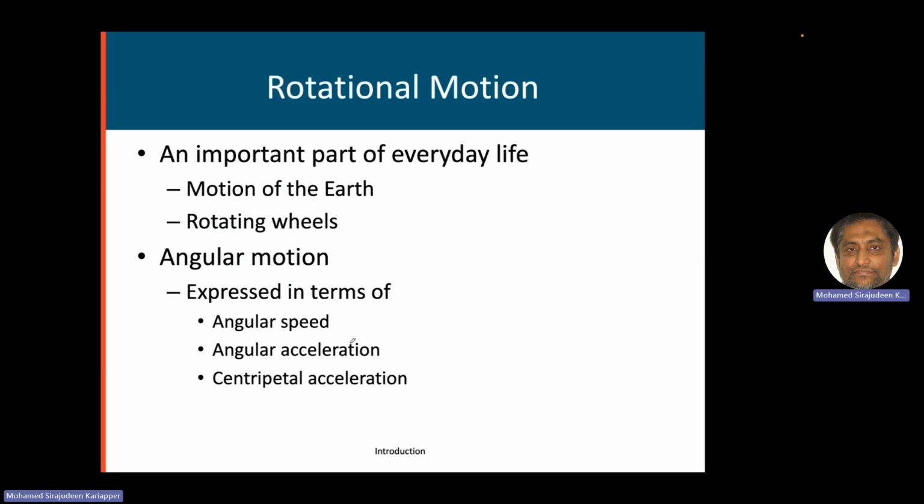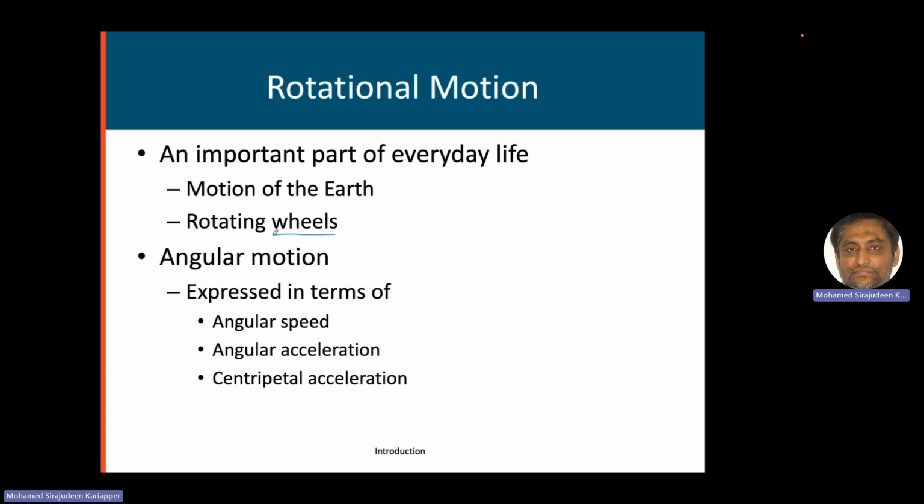Why do we study rotational motion? It is an important part of everyday life. The planets, including the Earth, go round and round around the sun. And also the Earth itself is spinning. Wheels of the car and a bicycle tire, they all involve rotational motion.